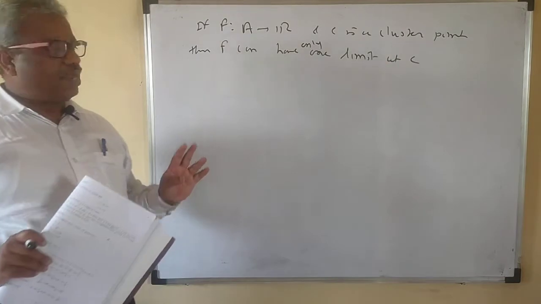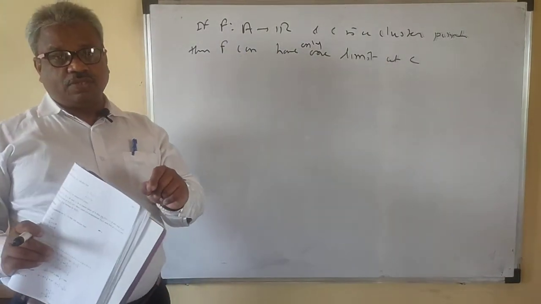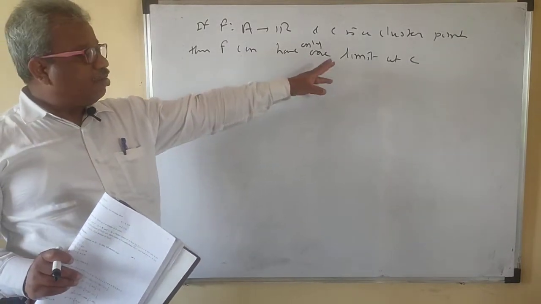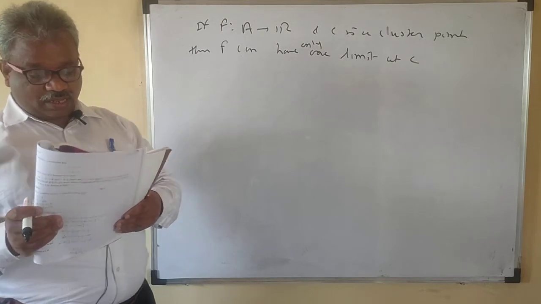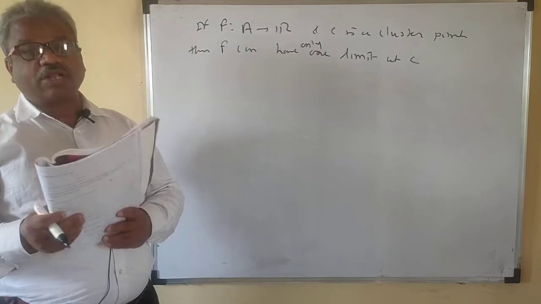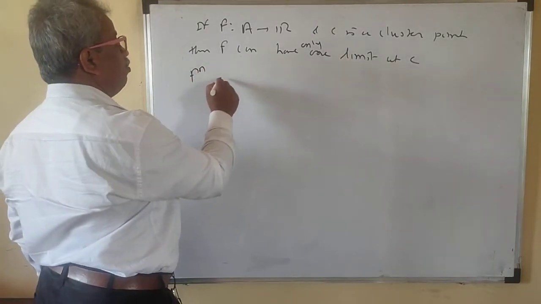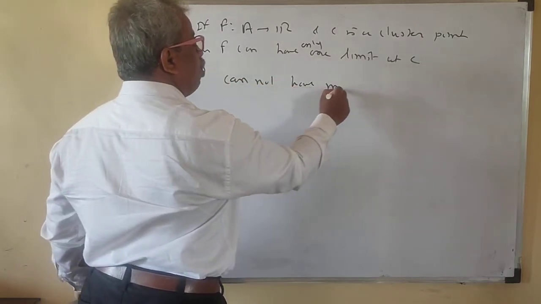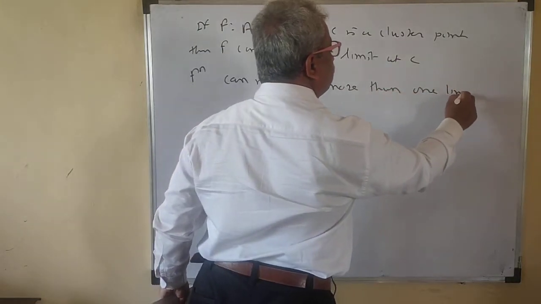That means if the limit exists, then it is unique. It has only one value of the limit at a cluster point c. Also, a function cannot have more than one limit. This is very important: a function cannot have more than one limit.